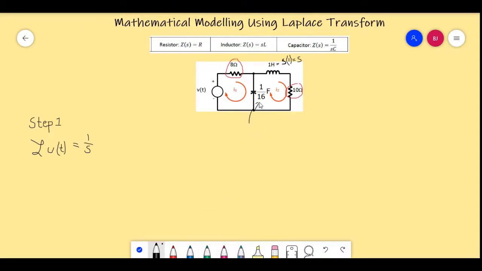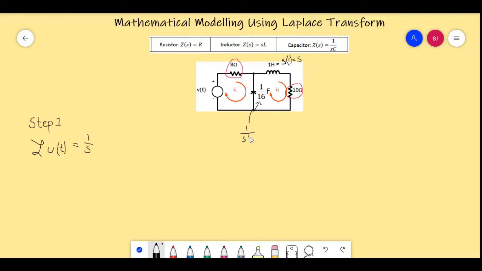Then our capacitor here at the middle, in order to get its impedance equivalent, we follow that the capacitor is equal to 1 over SC. Because the capacitor is 1 over 16, and this is 1 over SC, we just get the reciprocal of 1 over 16. So let's write it first: 1 over S times C, where C is 1 over 16.